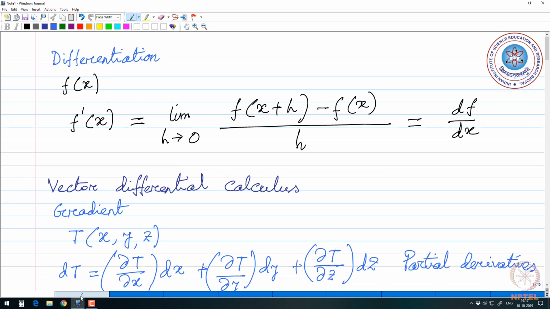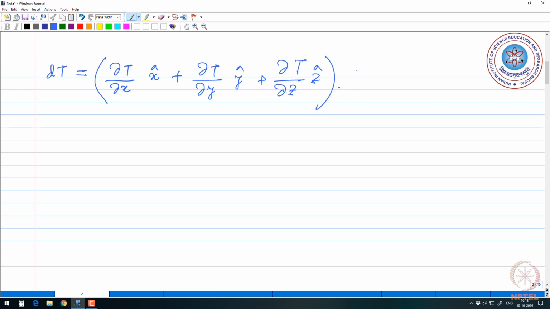Now if we want to take the gradient of this, dt can be written in the form del t del x x cap plus del t del y y cap plus del t del z z cap, this quantity dotted with dx x cap plus dy y cap plus dz z cap.